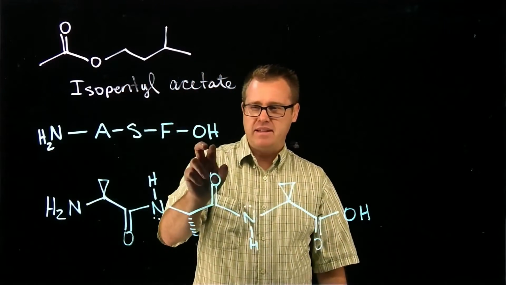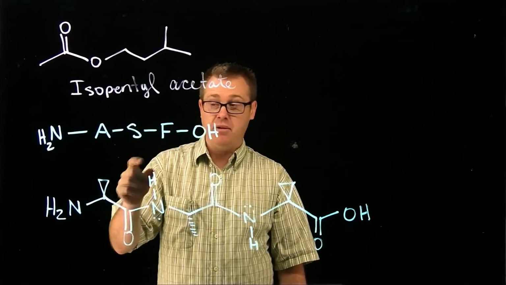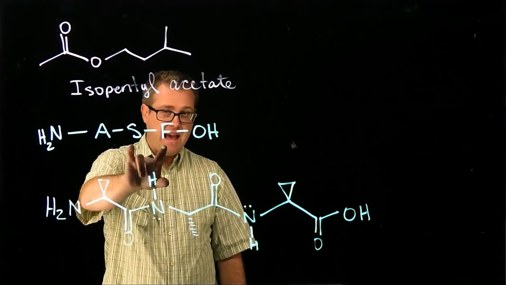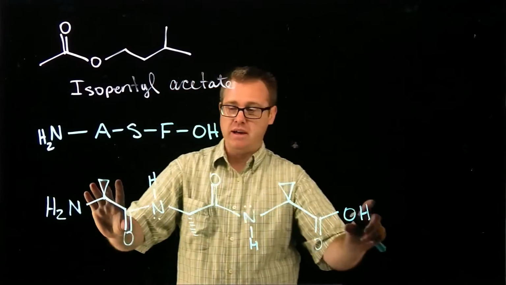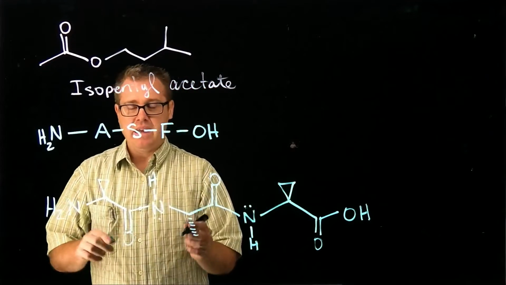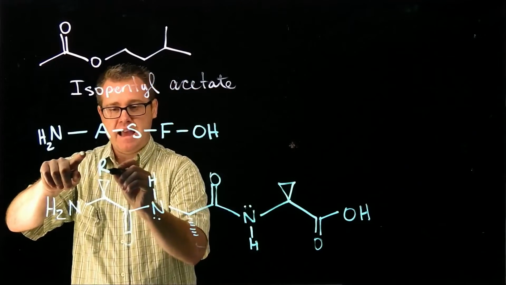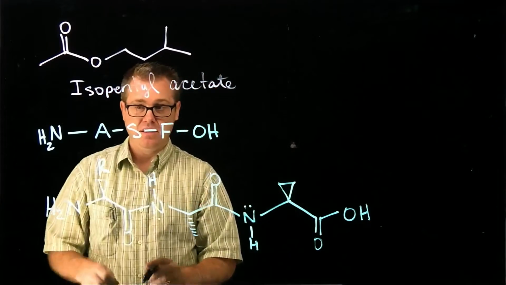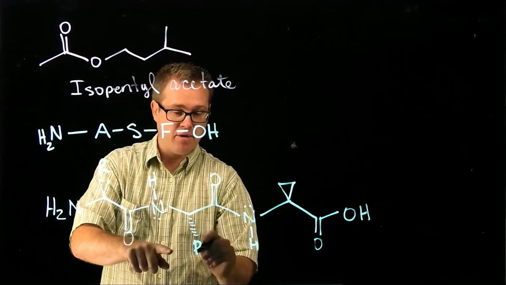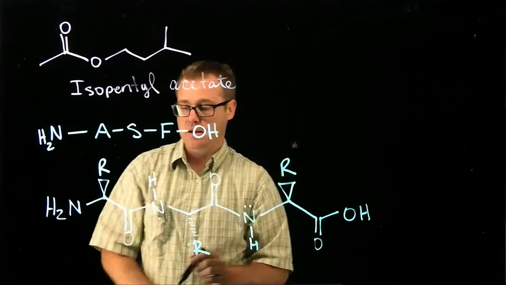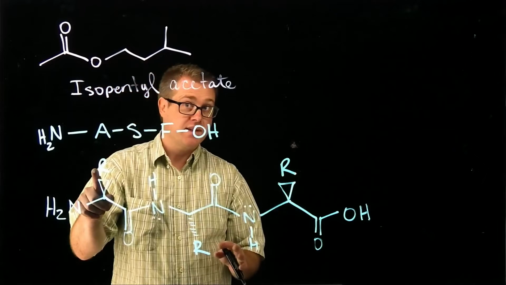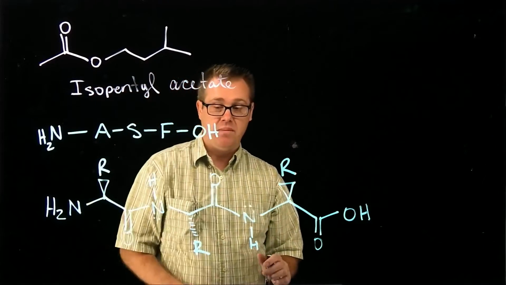Right here, what I have is a very simple peptide, just 3 amino acids, alanine, serine, and phenylalanine. And you can take that and translate it into what the molecule actually looks like. And what I want to focus on right now is that you can represent the side chain. We have a side chain for every amino acid that I'm representing with the letter R. So the R's are the side chains, and depending on what that R or the side chain looks like determines what amino acid you have.